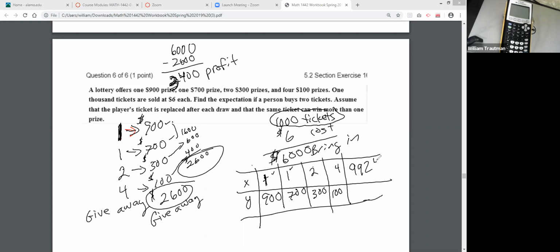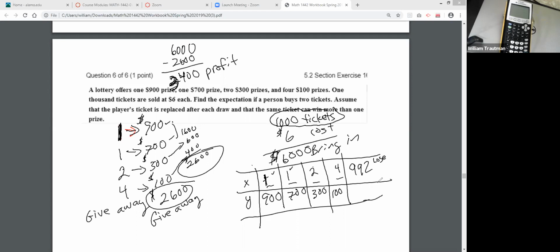These are losers. They lose. These people right here all win something. There's 8 people who win some money. There's 1,000 tickets total. There's 992 tickets that are losers.